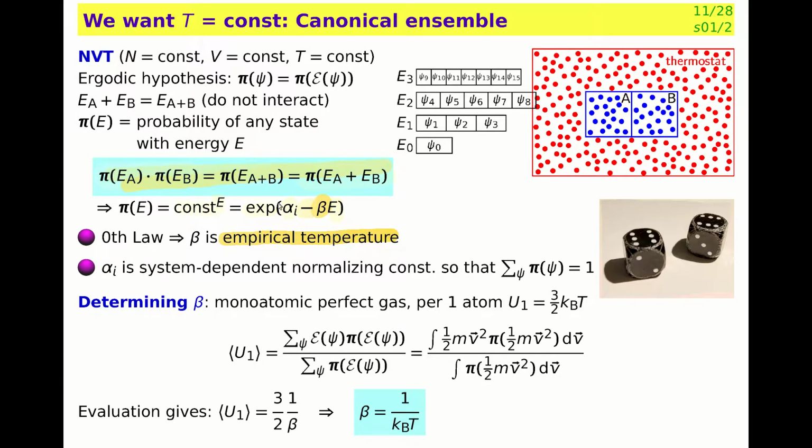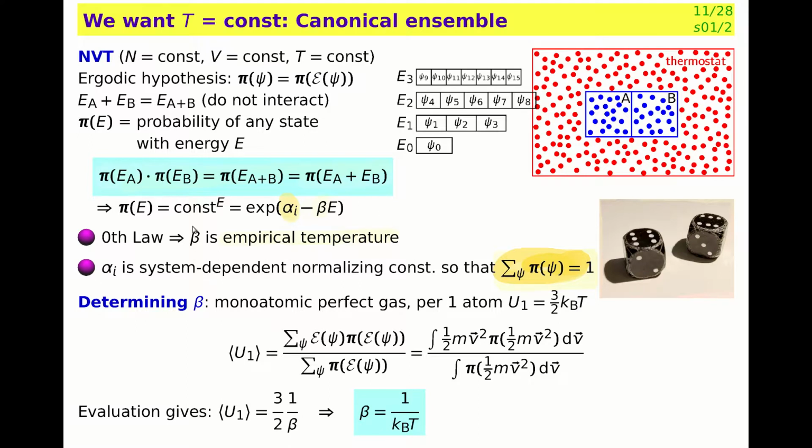On the other hand, it must be satisfied that the sum of all probabilities is unity. That is, this alpha is just a normalizing factor. I need it so that this normalization is true. So it is just a normalizing constant, and we'll see later that it does have a good physical meaning.